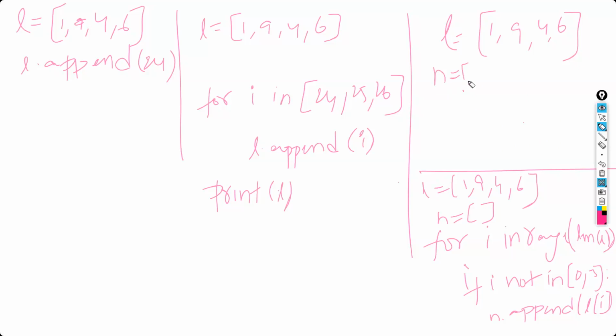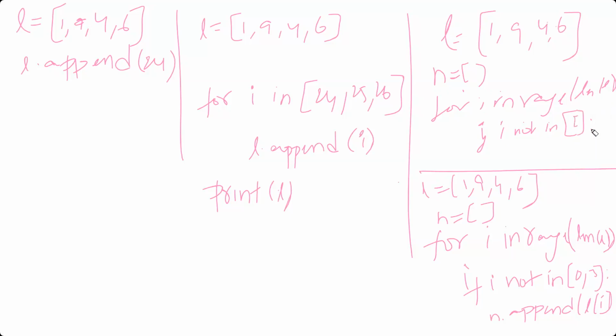N is equal to an empty list, for I in range of length of L. If I not in list of, what is the number I want not to append? That is 4, which is index 2. And remaining everything I want to append.